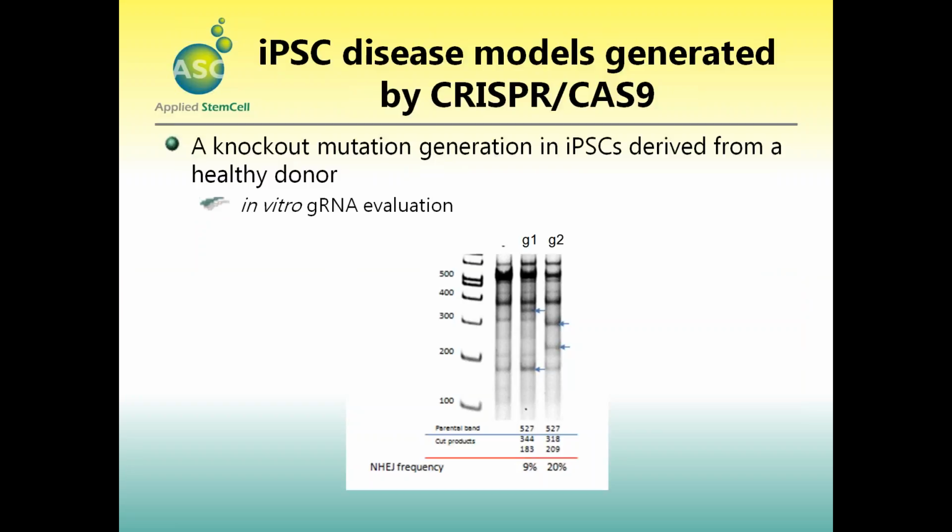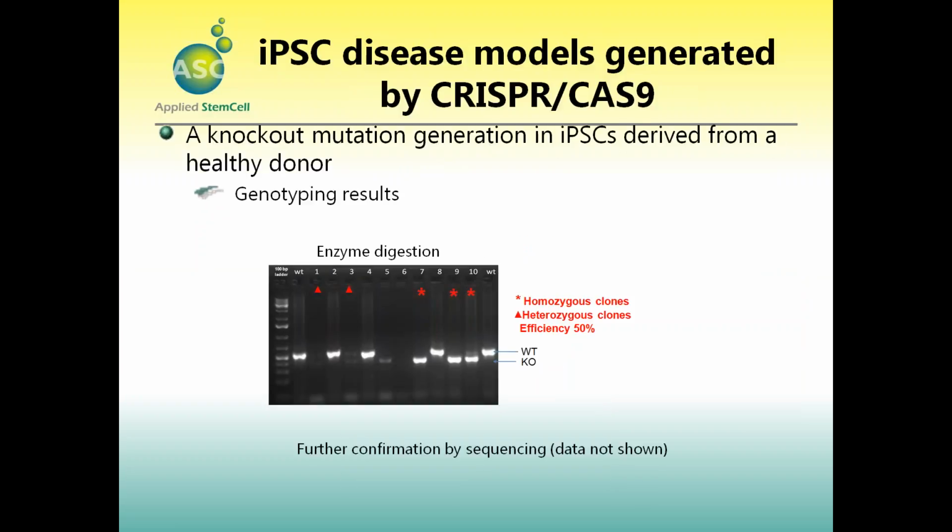The in vitro testing results are shown here. Between the 2 guide RNAs, G1 and G2, obviously G2 had higher efficiency and therefore was selected for future study. Potential positive clones were genotyped, first by enzyme digestion. Here is the gel picture. We selected 10 clones, and we saw that 2 seem to be heterozygous and 3 are homozygous.